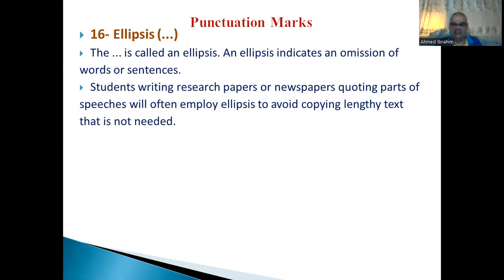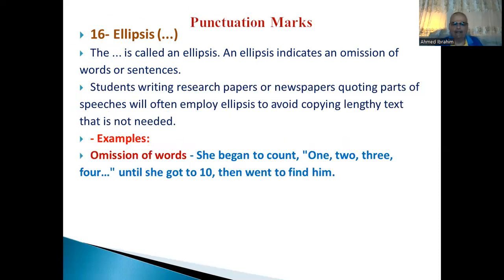Students writing research papers or newspapers quoting parts of speeches will often employ ellipses to avoid copying lengthy text that is not needed, meaning a part of the text we don't need.